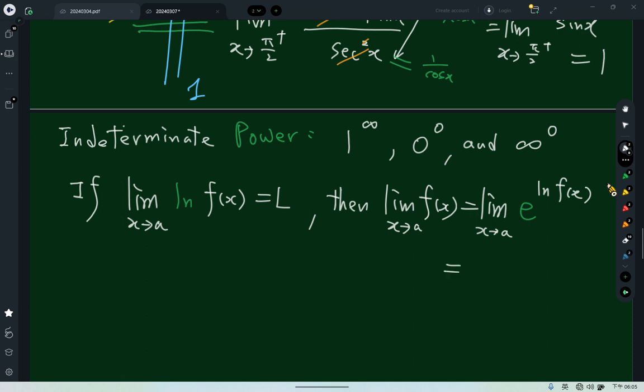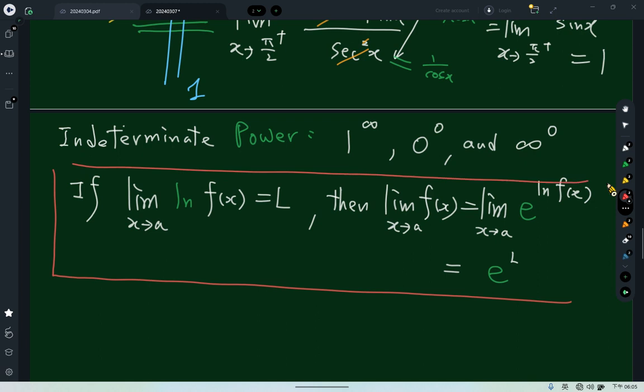Then the result will be e to the power of L. So later on, I will follow this process to get the answer for these forms.